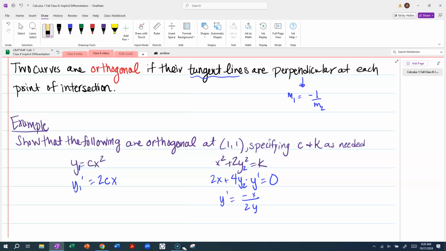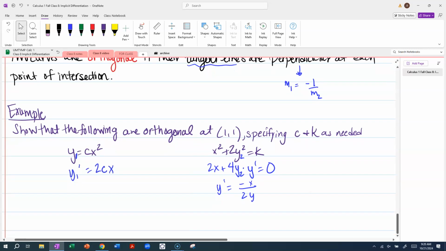So then, what do I know? I know that if these things are orthogonal, this is true. Another way to say the same thing is if I look at m1 times m2, that's equal to negative 1. The derivatives are the slopes of the tangent lines, so I'm going to look at y1 prime times y2 prime and say that must equal negative 1 for this to be true.